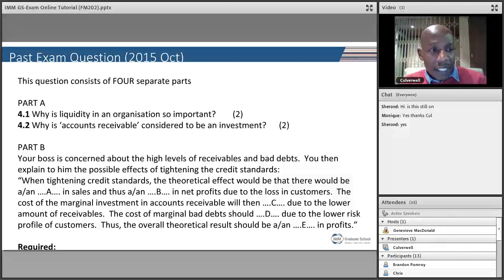Part B now says, your boss is concerned about the high levels of receivables and bad debts. You then explain to him the possible effects of tightening the credit standards. I'll read that statement one more time. Your boss is concerned about the high levels of receivables and bad debts. You then explain to him the possible effects of tightening credit standards.